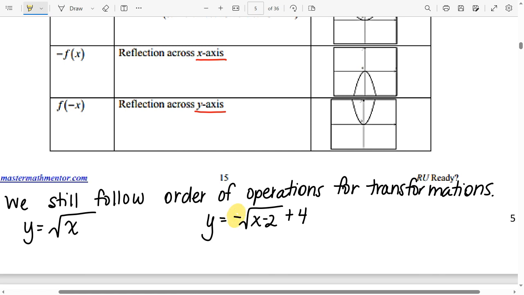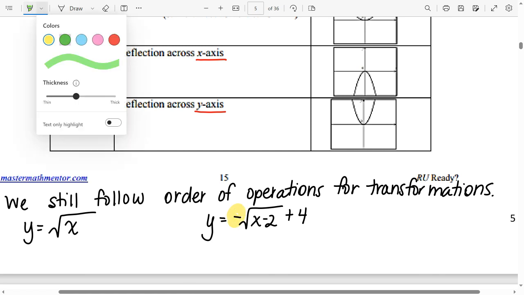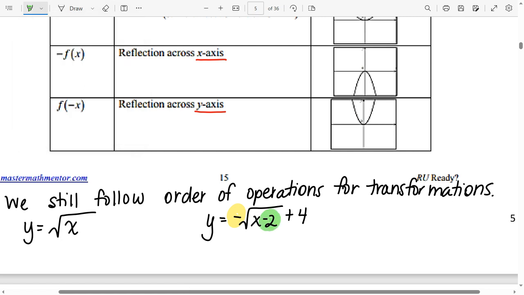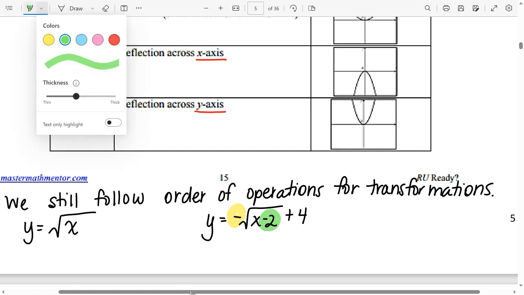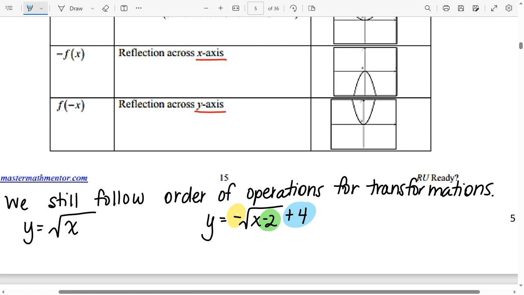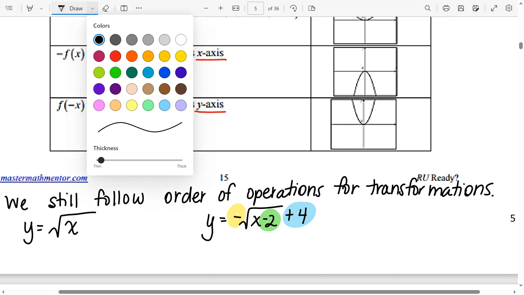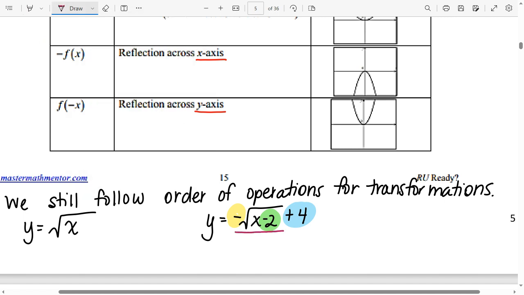There's one for that negative. There's a transformation for the minus 2 inside. And then there's a transformation for the plus 4. So I want to make sure that I'm following the order of operations. Order of operations tells me that I need to start inside the grouping symbol first.